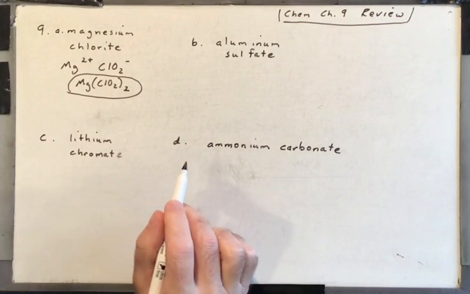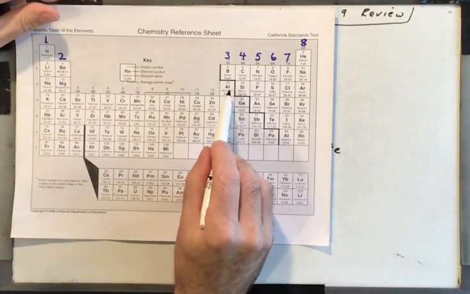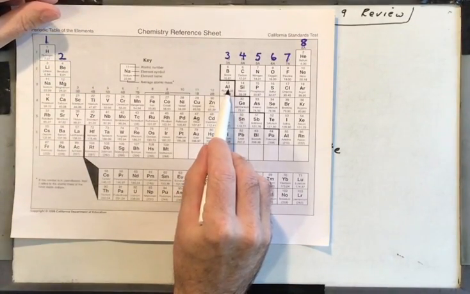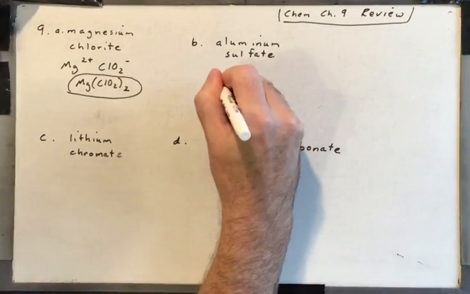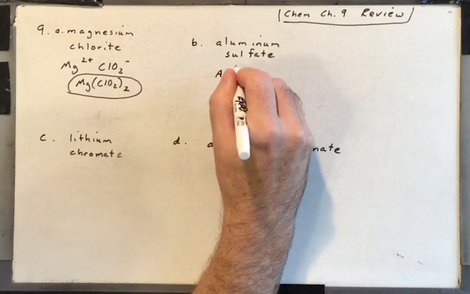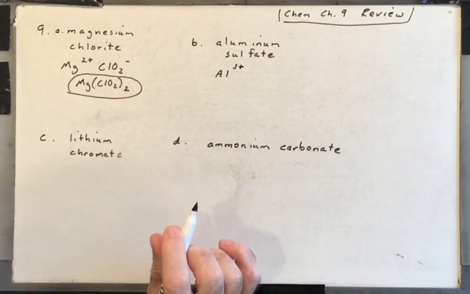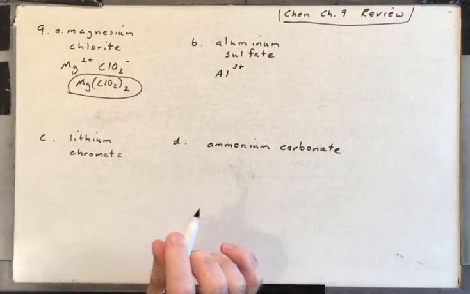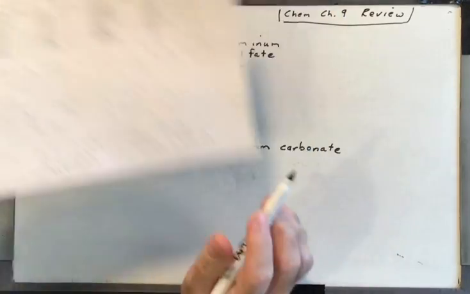All right, aluminum sulfate. Aluminum, you might have all these memorized by now with all the Chapter 8 work. We're in column 3. It's a metal. It wants to give away 3 electrons, so it'll develop a 3+ charge. Now looking at your chart, sulfate, SO4 2 minus.